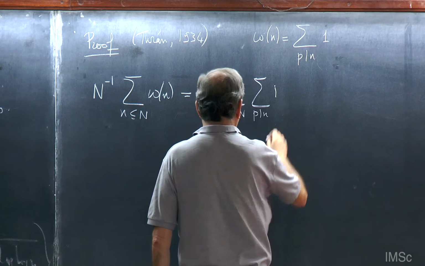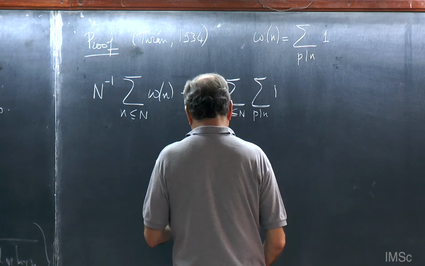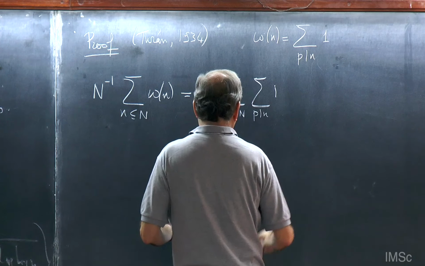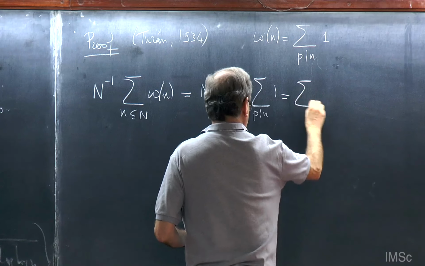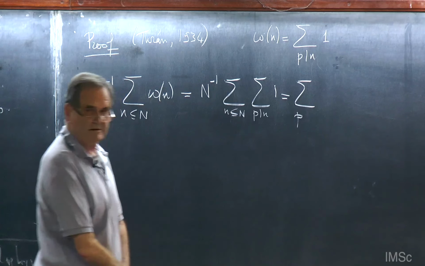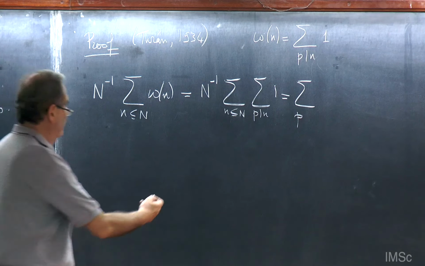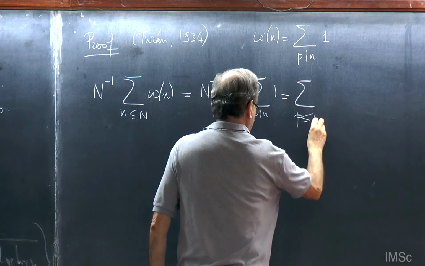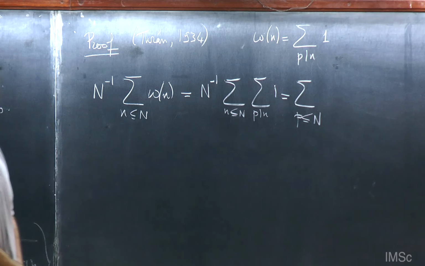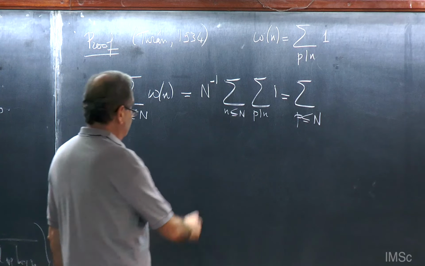Okay, and so this will be the sum. Now when you reverse the sum, you are summing on p. Since p divides n and n is at most capital N, just consider the p which are less than capital N. The others have no interest. And then you are reversing that.